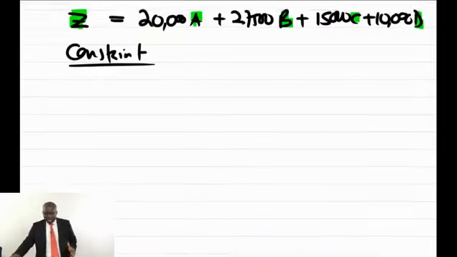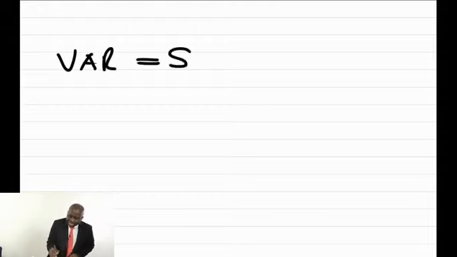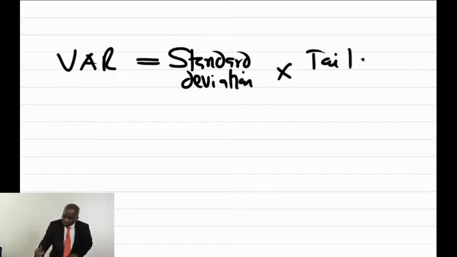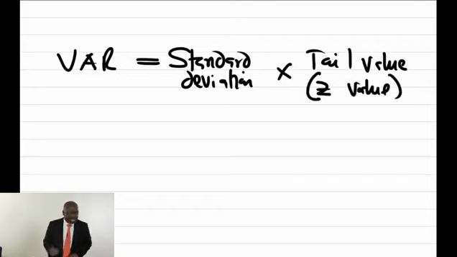When somebody asks you to calculate value at risk, just simply calculate it as the standard deviation multiplied by your tail value. Sometimes people call the tail value your Z value.